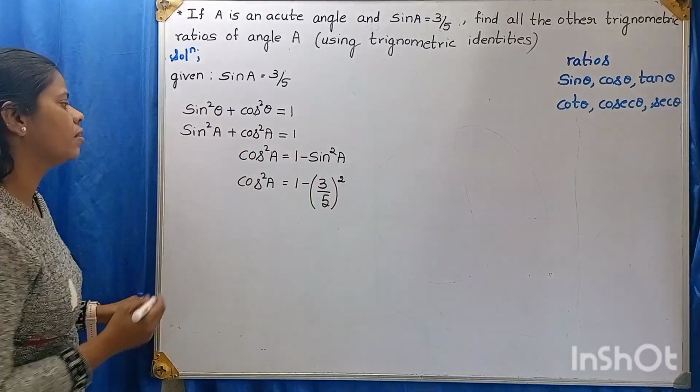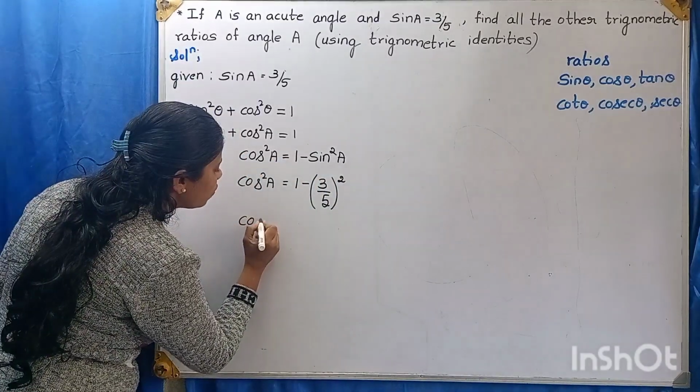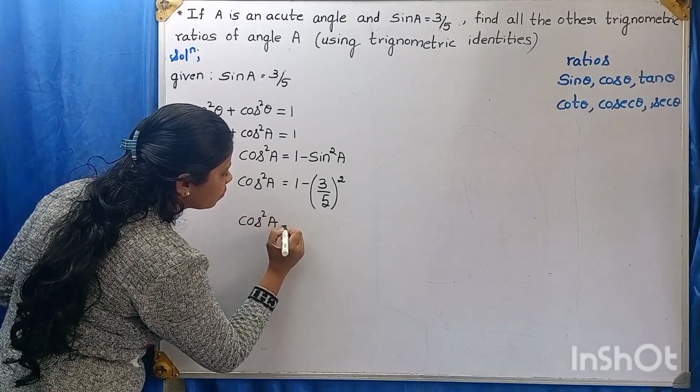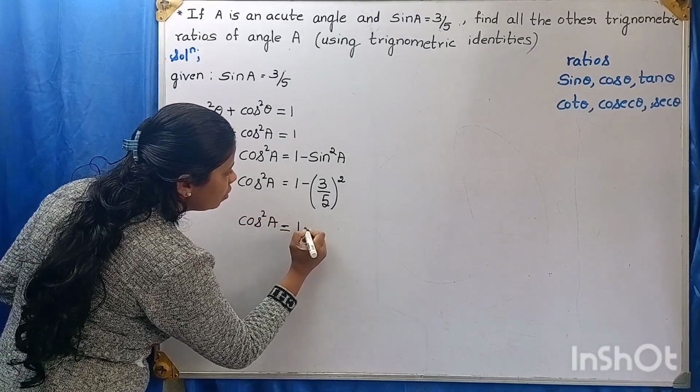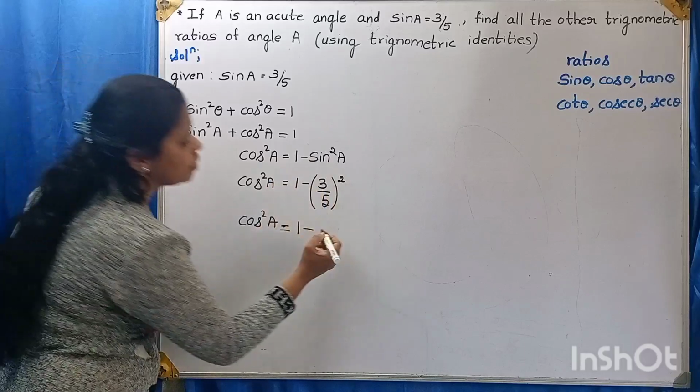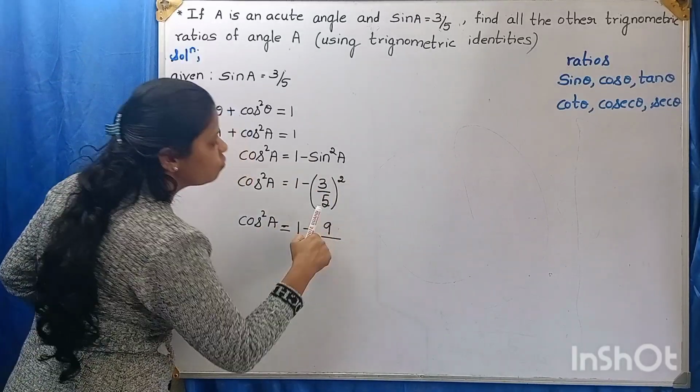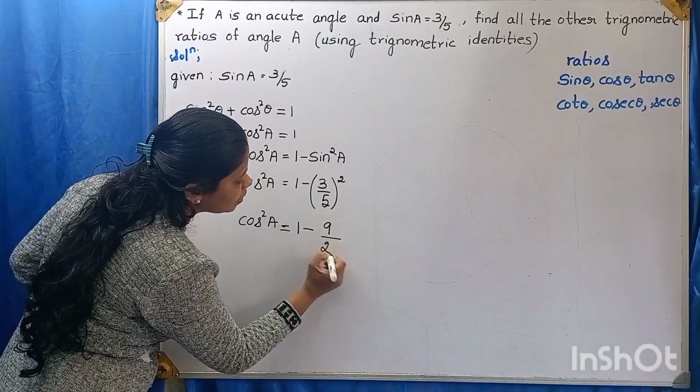Now, cos square A is equal to 1 minus 3 square is 9, 5 square is 25.